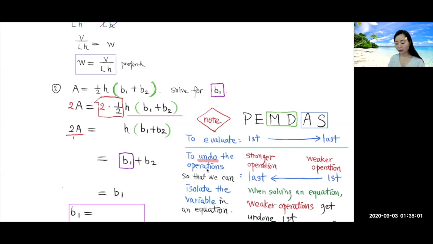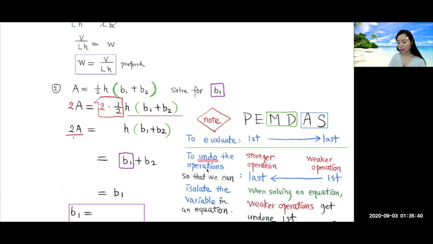Notice that when you solve an equation, we need to undo the operations in order to isolate the variable. When we undo the operations, the weaker operation is going to get undone first. For example, if you bend some object, the part that is kind of loose is going to fall off first, and the part that is bonded together more strongly is going to stay on and fall off a little bit later.